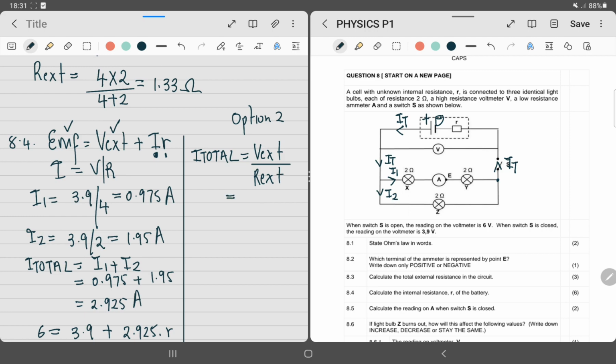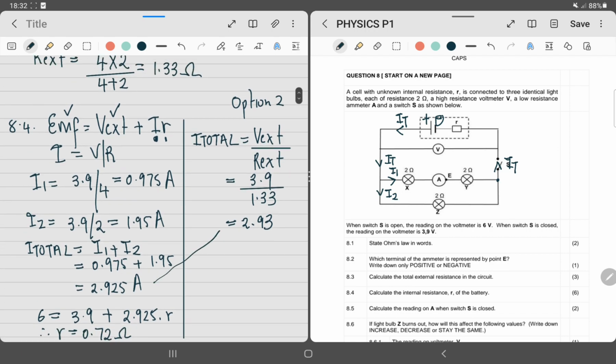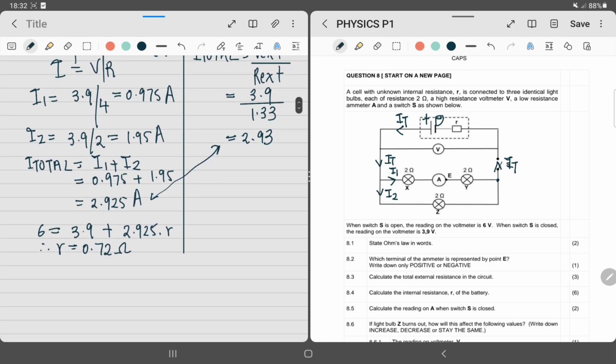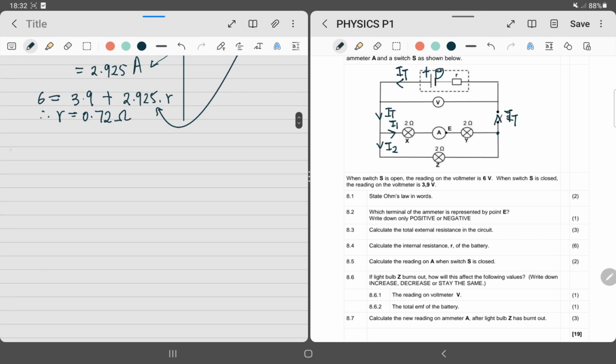V external is 3.9 and R external is 1.33 from the answer from 8.3. So I'm getting 2.93, which is pretty much the same as what we got there. Then we'll just take this value and substitute there. We should get the same answer.